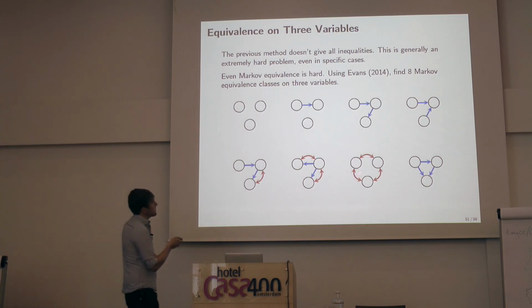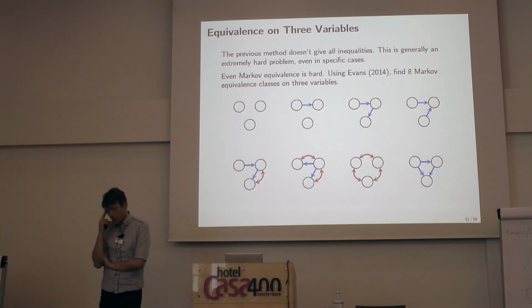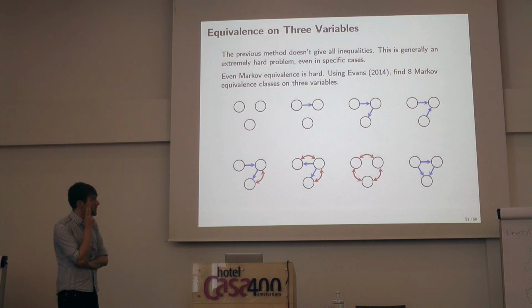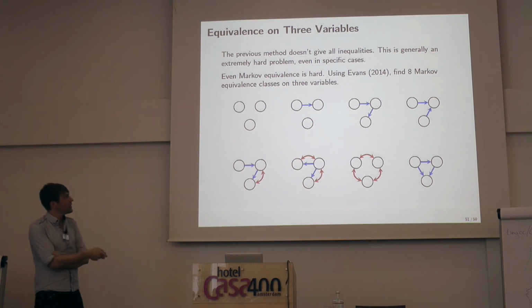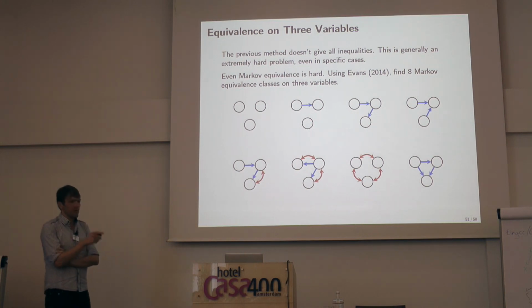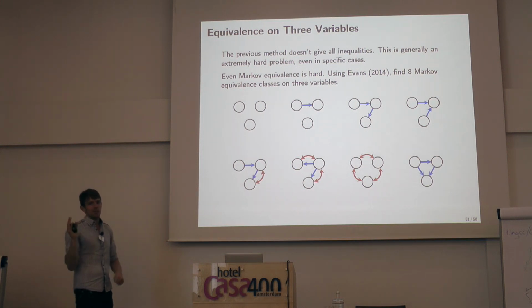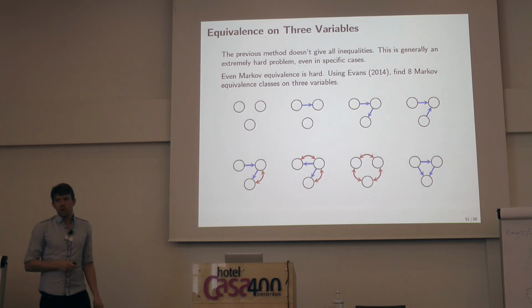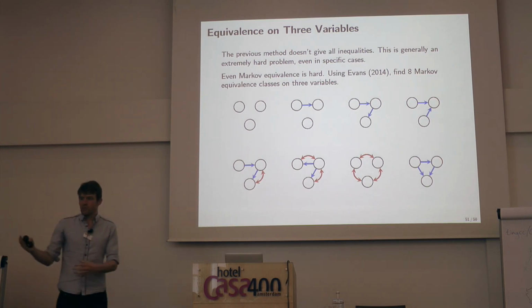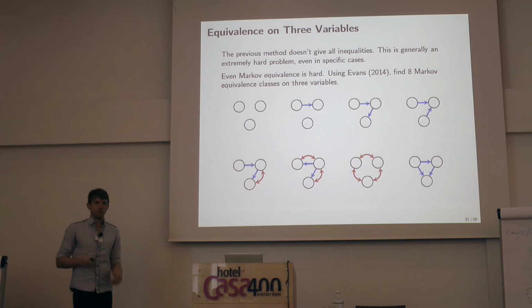So you can ask questions about equivalence now, and this goes back to something Thomas alluded to earlier. I think Vanessa asked, is there a difference between having pairwise latent variables on each of the 3 nodes and having a single latent variable which points to everything? And actually it turns out there is, and that's why you might choose not to use ADMGs, because it won't represent this difference.